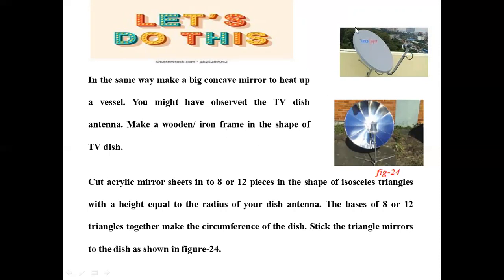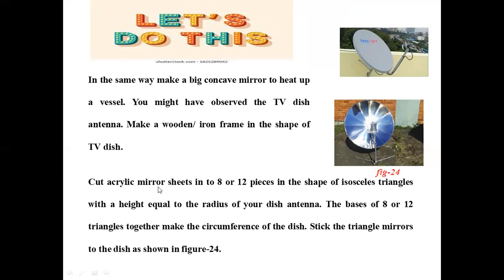Make a wooden or iron frame. You can prepare either wooden or iron, with a curvature just like a TV antenna. This is a resemblance, right? In a similar manner, you can focus all the sun rays on it, and they converge at a particular point called the focal point.